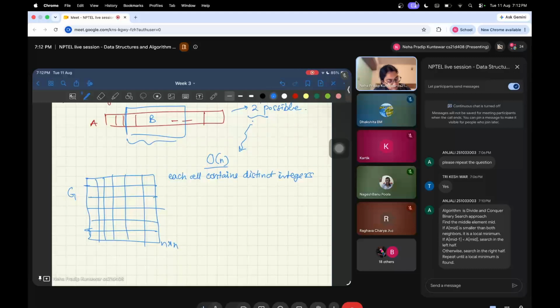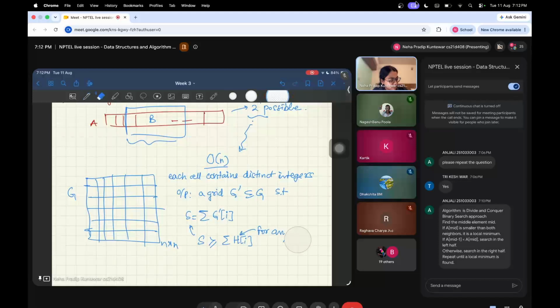So this is the input given to you, and output a grid G prime sitting inside G such that the summation of all the elements of G prime is larger than the summation of the elements of H, for any subgrid H of G.